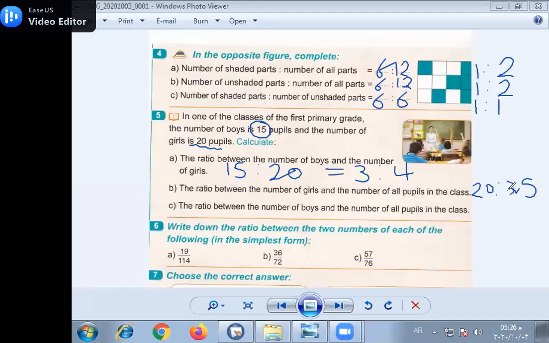No, it's 35, not 25. So 20 to 35, both numbers are divisible by 5. It will be 4 to what? 7. 4 to 7. Thank you.